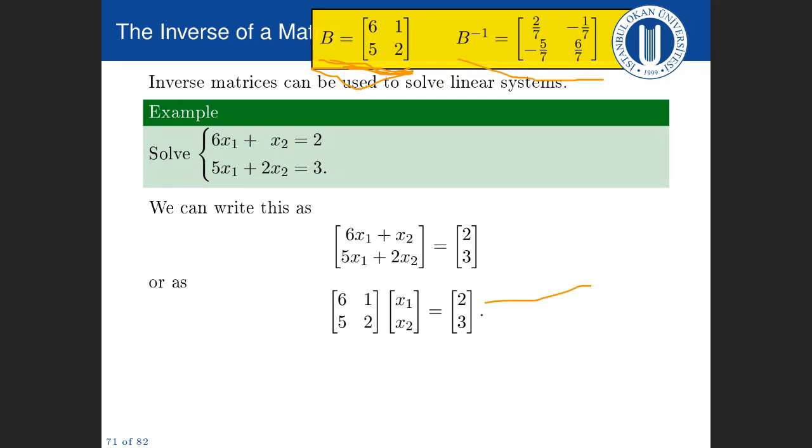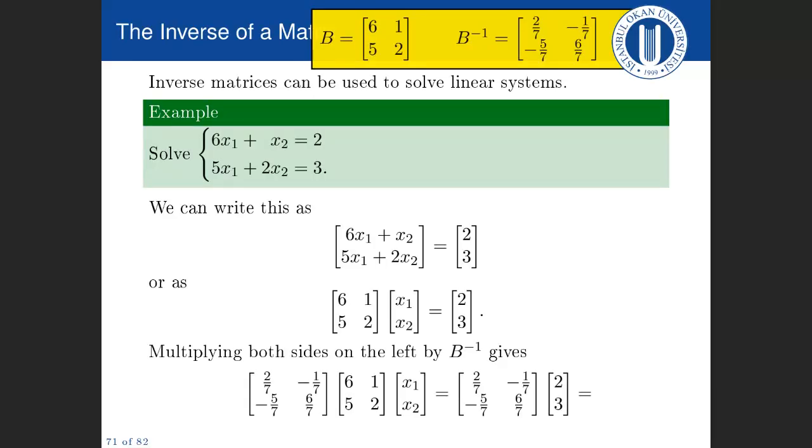What I want to do is take the bottom equation and multiply both sides by B inverse. And to be precise, because these are matrices, I want to multiply on the left by B inverse. So I get B inverse multiplied by B multiplied by the vector x1, x2 is equal to B inverse multiplied by the vector 2, 3.